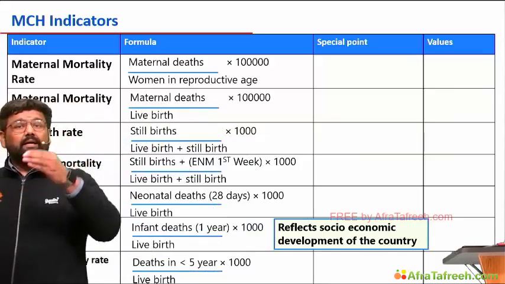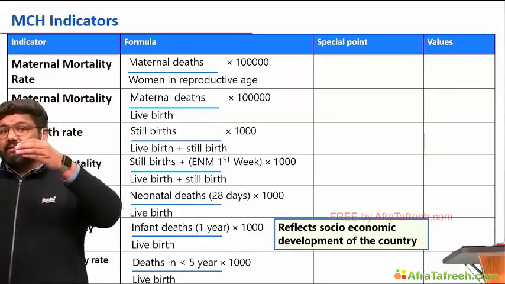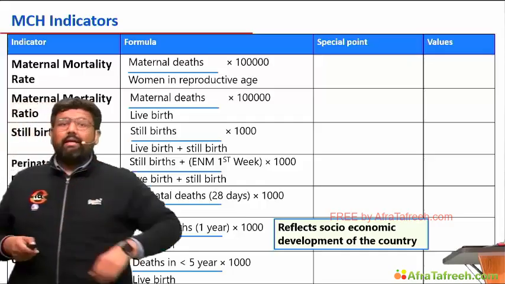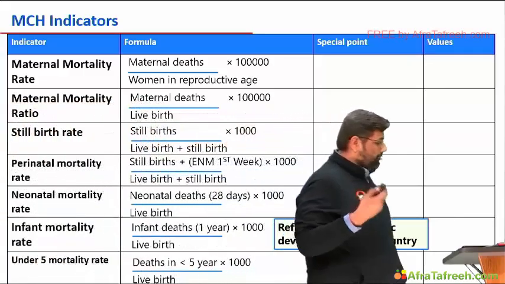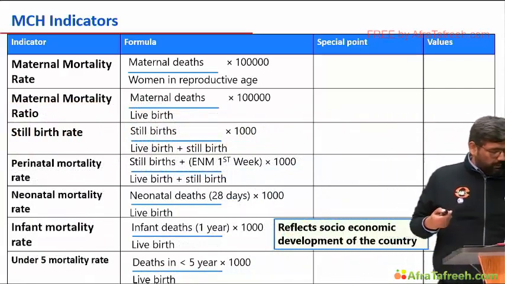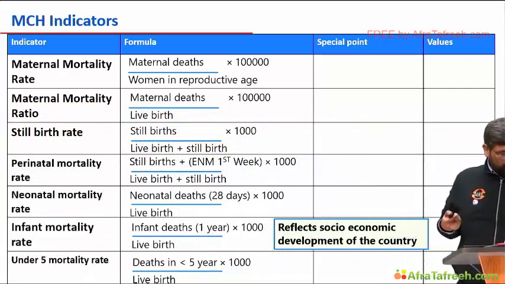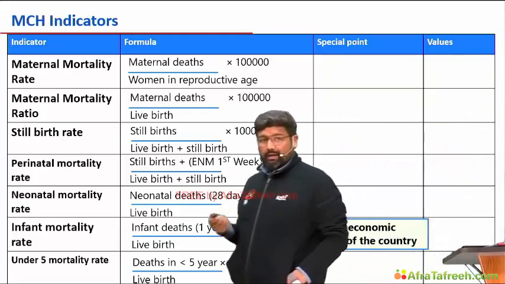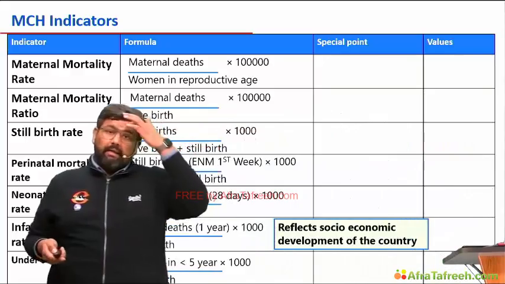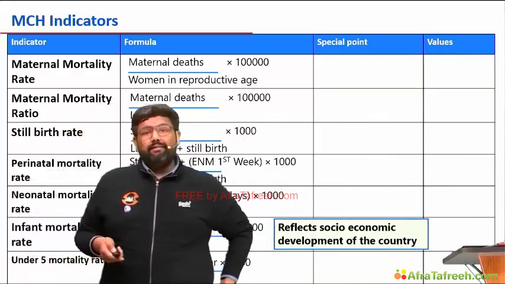Stillbirth plus early neonatal mortality, that is within 7 days of birth, is perinatal mortality. Neonatal mortality is the first 28 days. Then we have infant mortality till 1 year, then under 5 mortality till 5 years. The denominator is live birth.